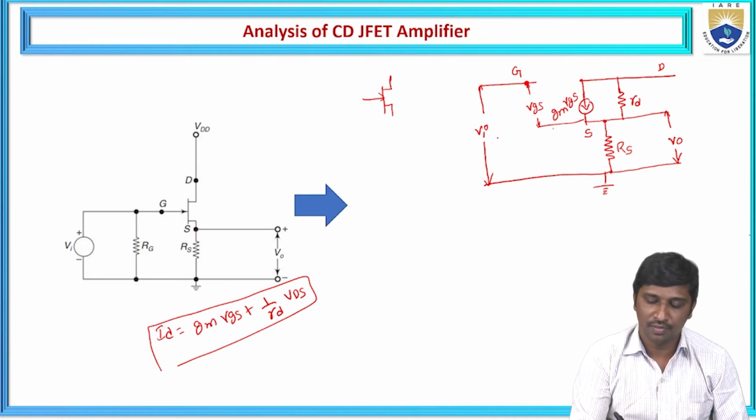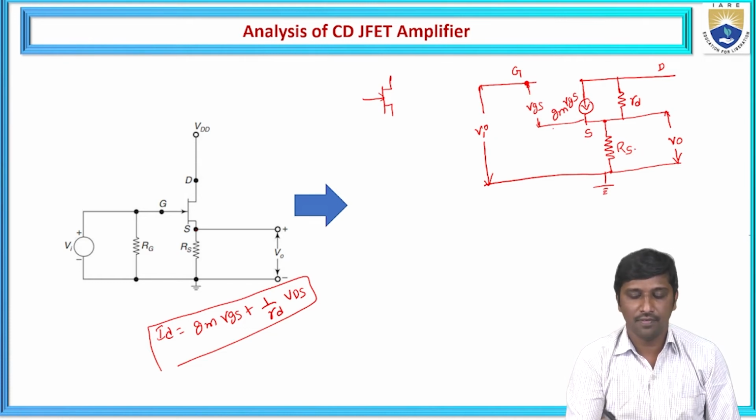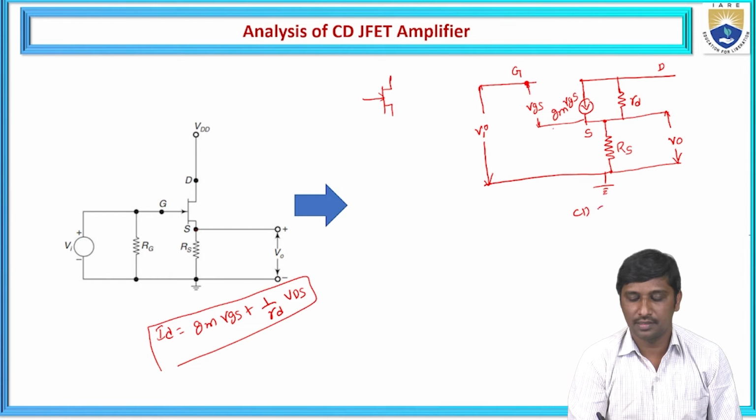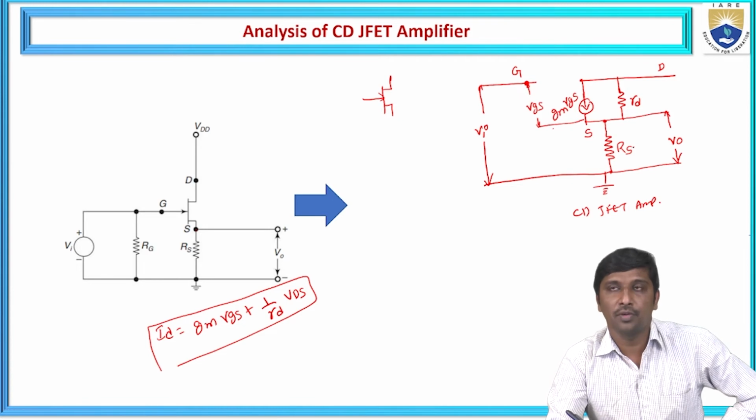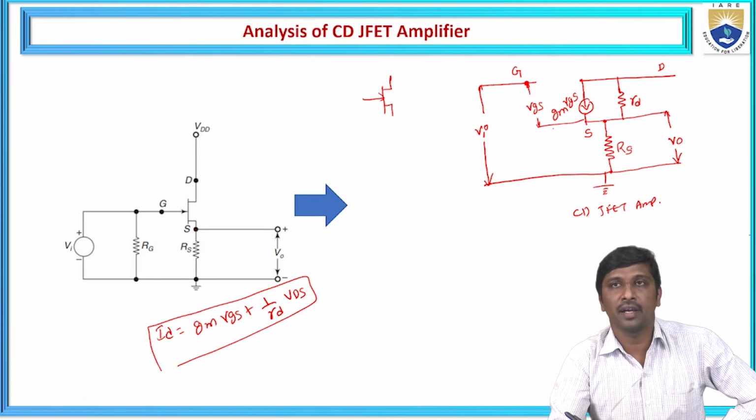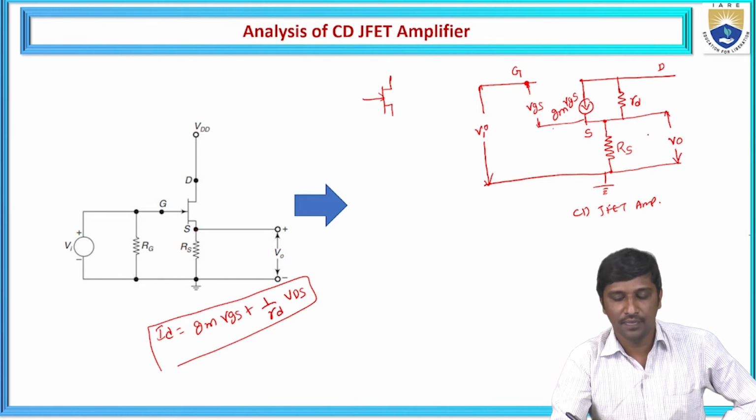This is the small signal model equivalent circuit for this common drain JFET amplifier. Now, using this circuit, we are going to analyze the important parameters like the voltage gain, the input impedance and the output impedance.